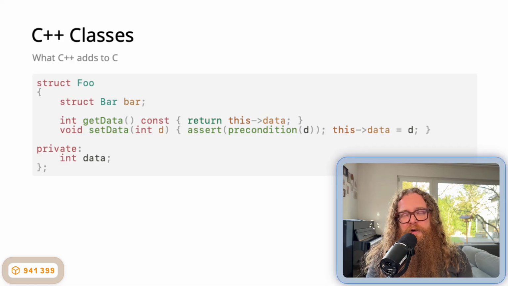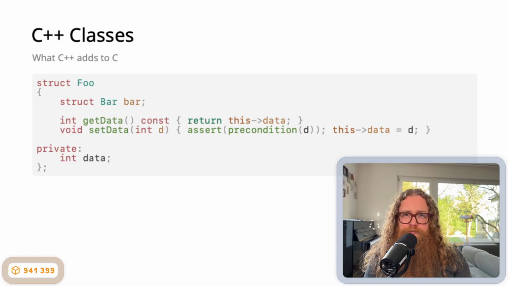So when we have a pointer to bar and we know that the thing is actually foo, we can cast the pointer to bar to a pointer to foo, and then, for example, on that pointer, call the getData or setData function.